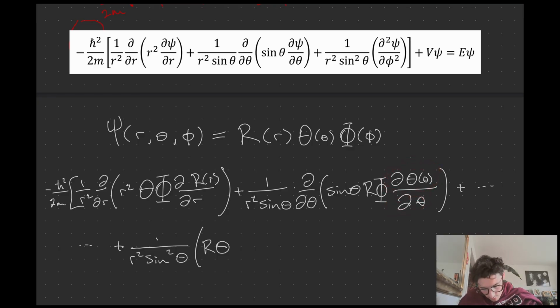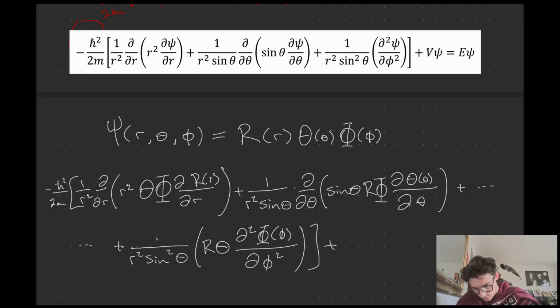Cool, so now we have the second order partial derivative of the phi function, which I'm doing capital Phi, partial phi squared here, boom, and then big bracket close, boom, plus V acting on R, acting on Theta, acting on Phi, right, because we split this up, and then here E acting on R, acting on Theta, acting on Phi. Amazing.